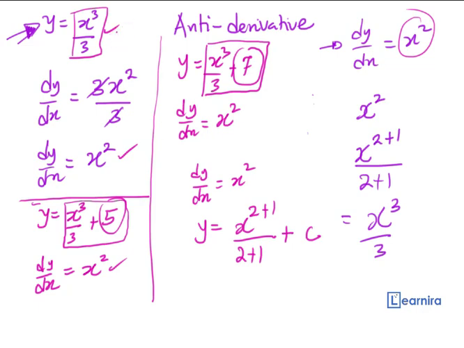Always add the arbitrary constant. This will be y is equal to x raised to the power 3 all over 3 plus c. C can be anything: c can be 0, 1, 2, 3. It's very important you add your arbitrary constant.